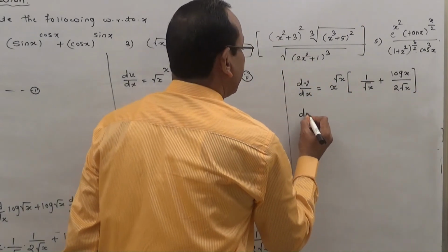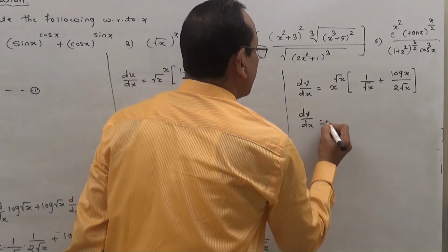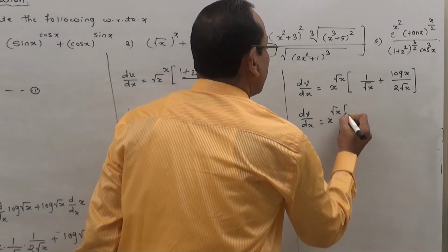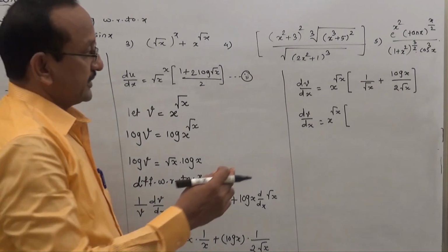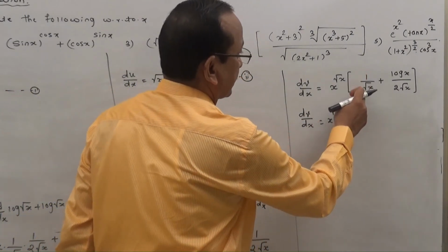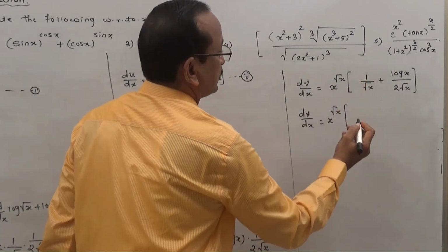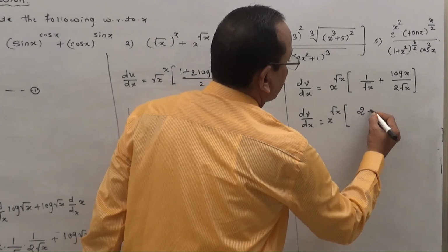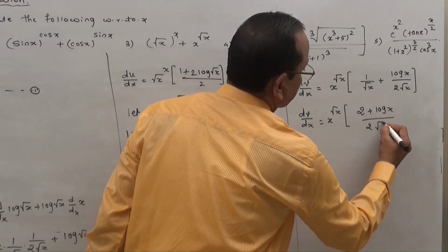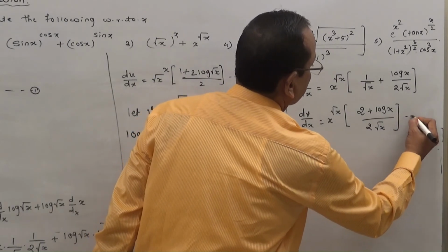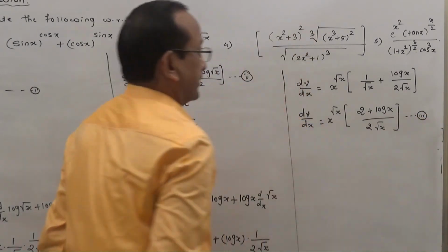Then dv by dx is equal to x raised to power root x into bracket. Now by taking LCM, multiply the numerator and denominator by 2, which means 2 plus log x upon 2 times root x. Give number 3 here.